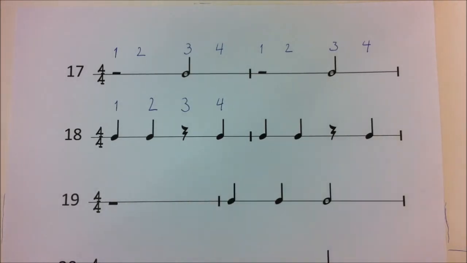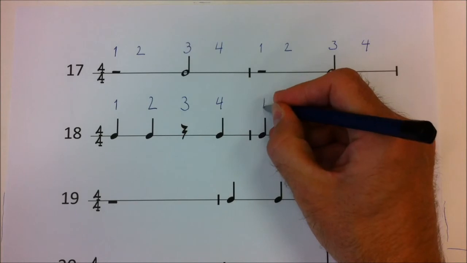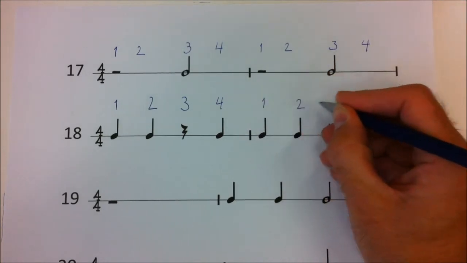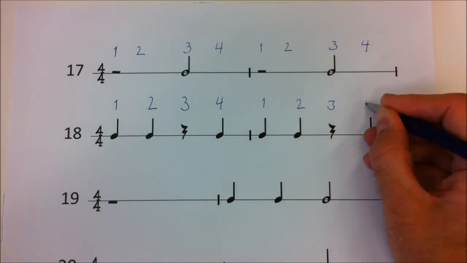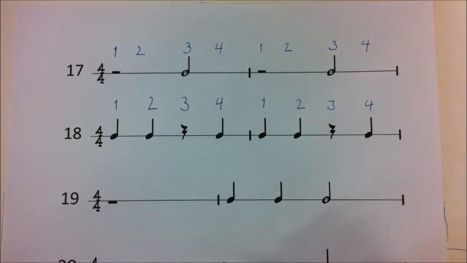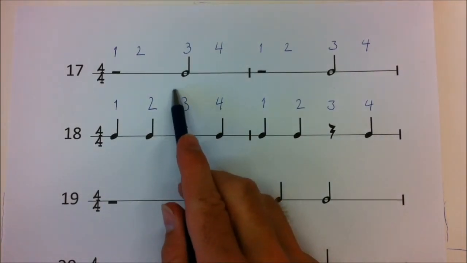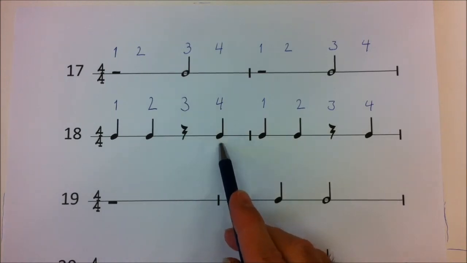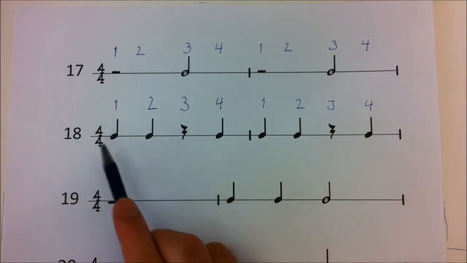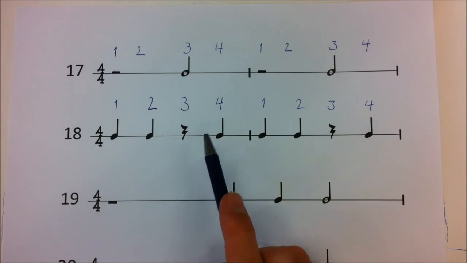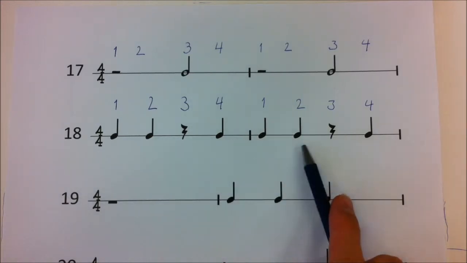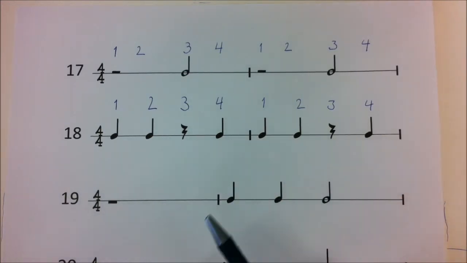And obviously the next bar is identical, so that would be the same beat numbers, 1, 2, 3, 4. That means that we play on beat number 1 and 2, but quiet for the whole third beat, and then we play again on the fourth beat. So it goes 1, 2, 3, 4, 1, 2, 3, 4.